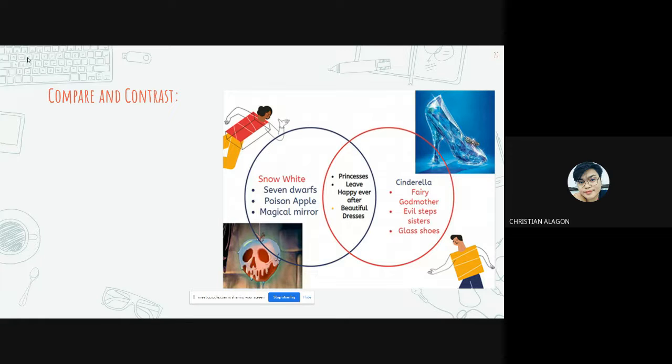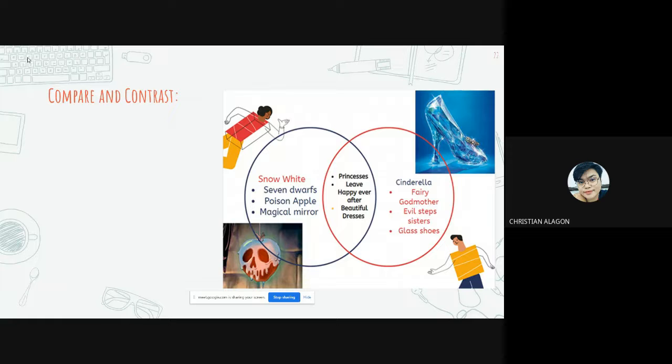On the comparison of these two, Snow White has seven dwarfs, a poison apple and a magical mirror, and Cinderella has a fairy godmother, an evil stepsister and glass shoes.